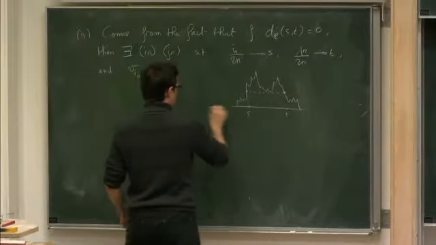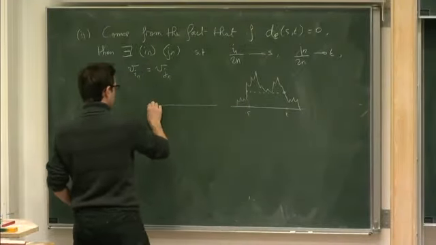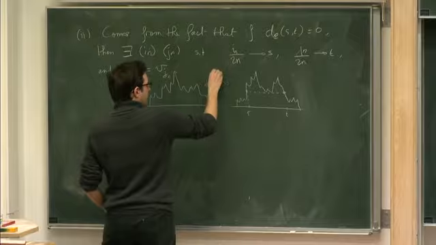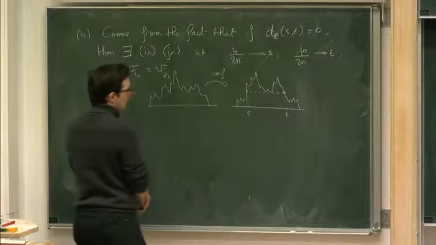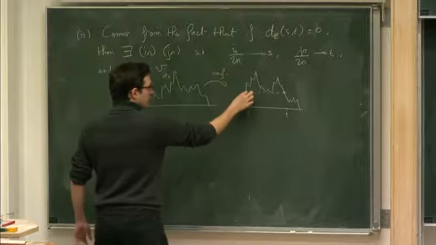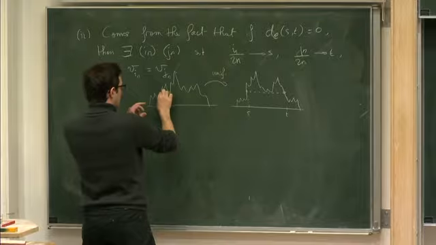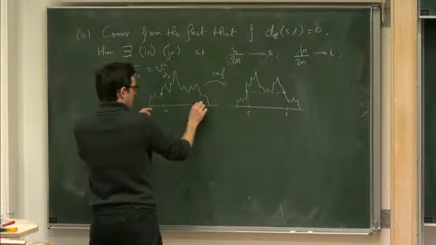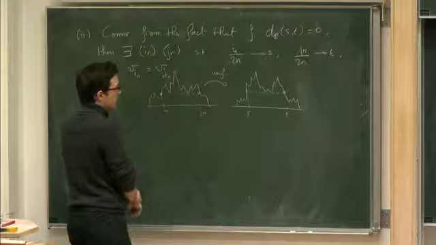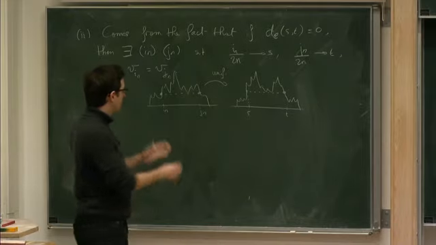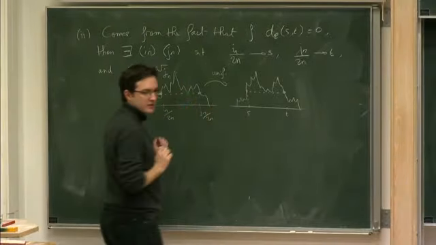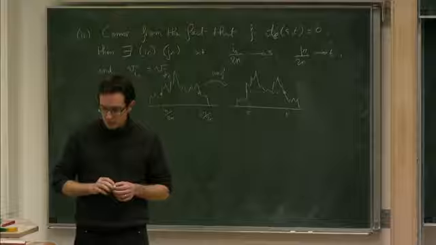But then we know that Cn, the contour processes, converges uniformly. So it's not very hard to convince yourself that it's possible to find these two sequences In and Jn that also face each other under the graph of the function Cn and converge after renormalization to S and T. If you want, they're really counterparts.